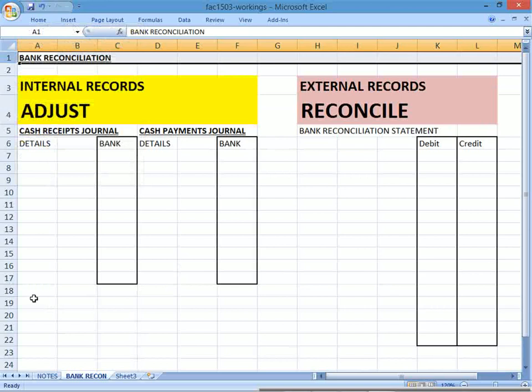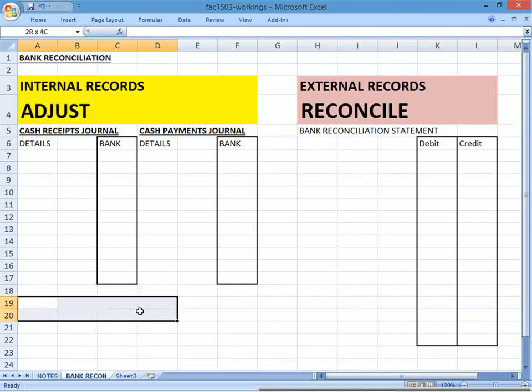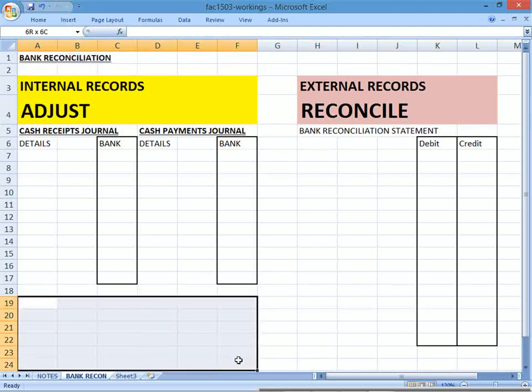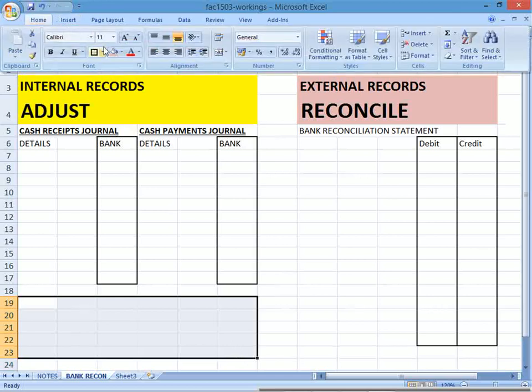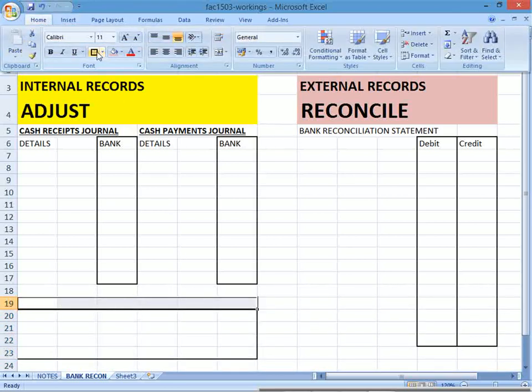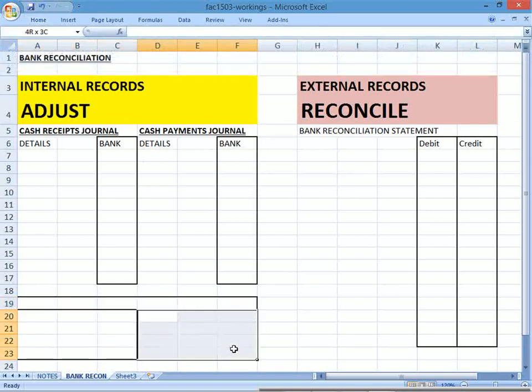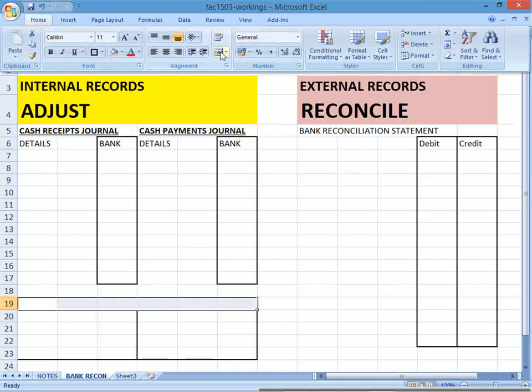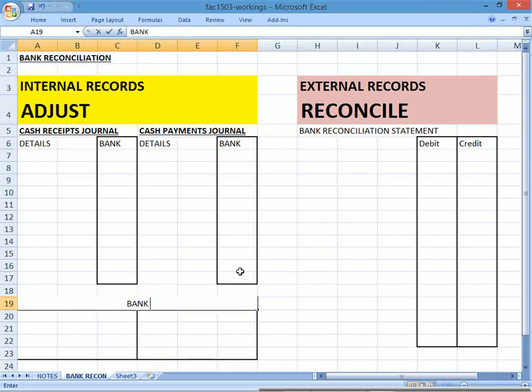Okay, the last thing I need to draw up is a T account for bank. Bank has a debit and a credit side. It's part of the general ledger. General ledger accounts have debits and credits. So bank, general ledger, account.